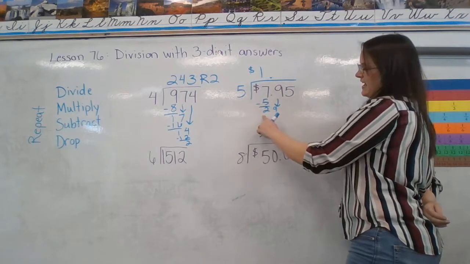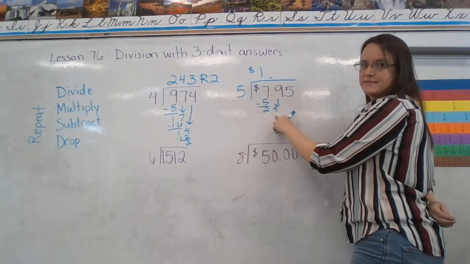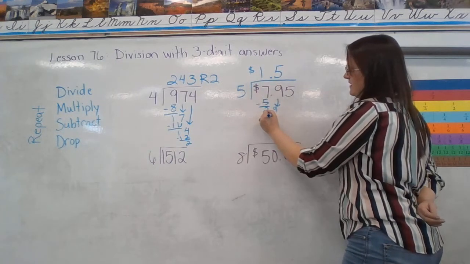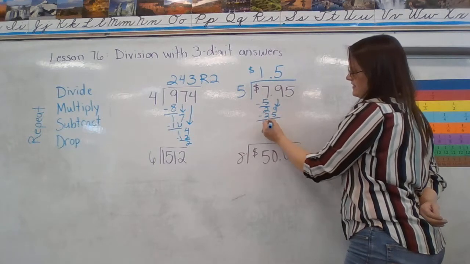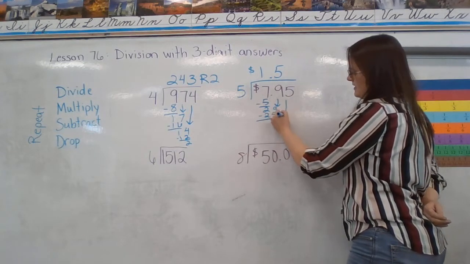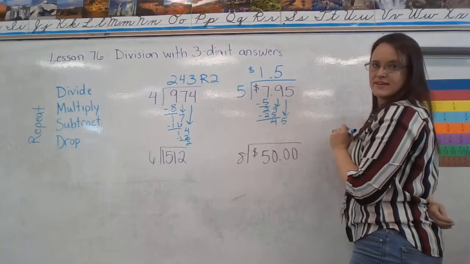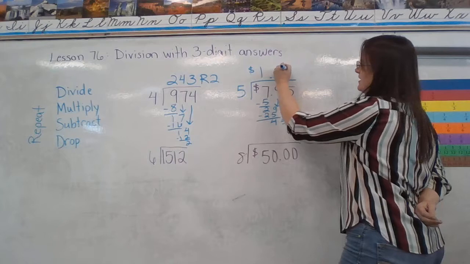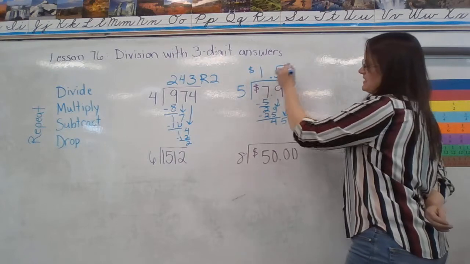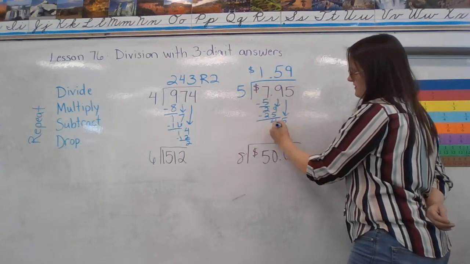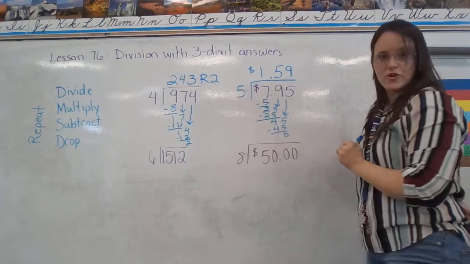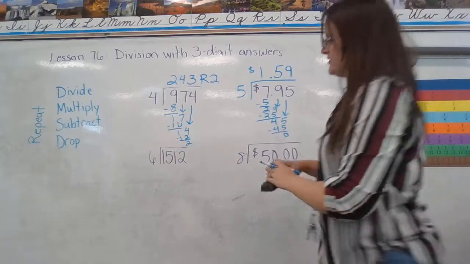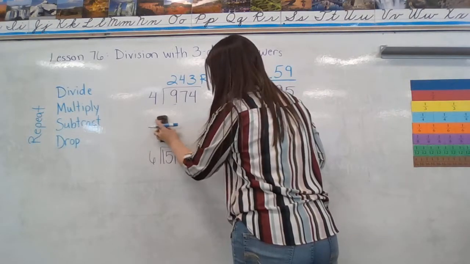How many times does 5 go into 29? 5 times 5 is 25. Subtract, drop, repeat. How many times does 5 go into 45? 9 times 5 is 45. Subtract, no remainder there.